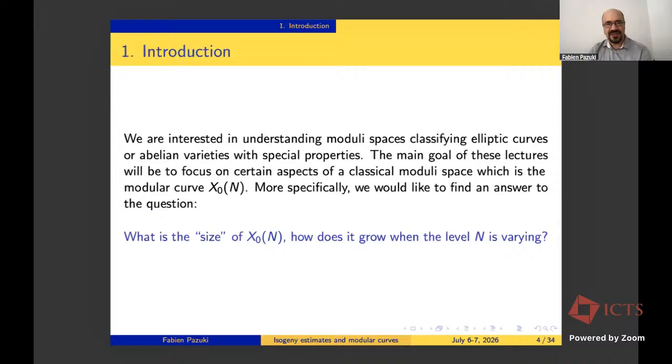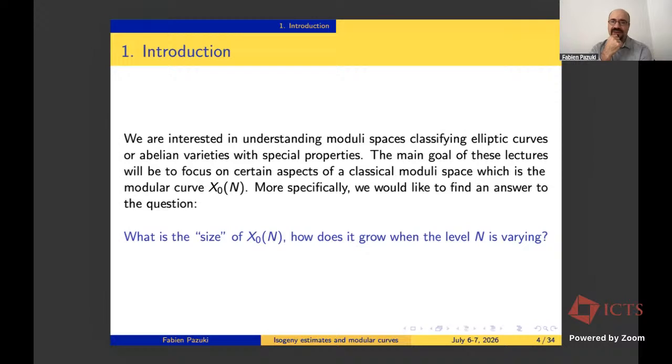Now, the main goal of these lectures will be to focus on certain aspects of a very classical moduli space, which is the modular curve X_0(N). More specifically, I suggest the following question. Because these moduli spaces are so important, and useful in applications, but also just for the sake of knowing the size of this moduli space, if it is so useful, both in mathematics and in cryptography, what's the size of it?